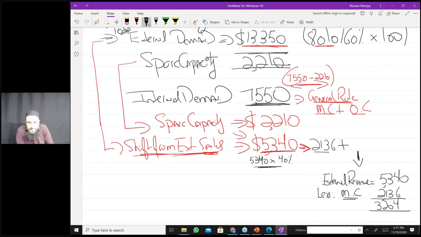Can you tell me what this is? I'm asking everything from you people. What will you call this figure? It's the contribution. Awesome. It's the contribution that I'm earning from the external market. So if I sell for 5340 in the external market and 40% is my marginal cost, I am earning 3240 as my contribution.